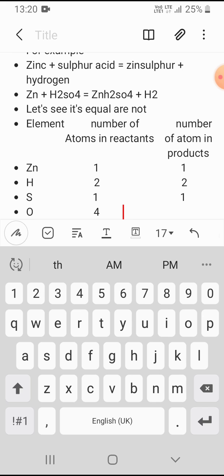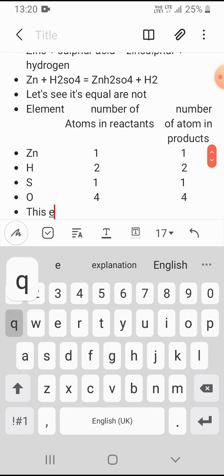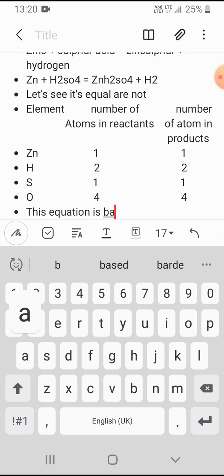So on the product side, how much is it? It is 4 only, because here is 4 oxygen, here also 4. So this equation is balanced.